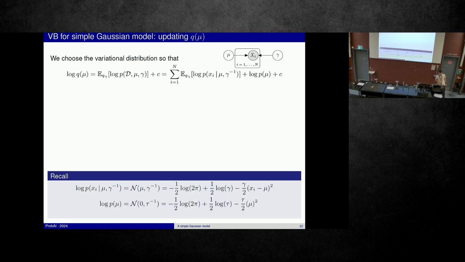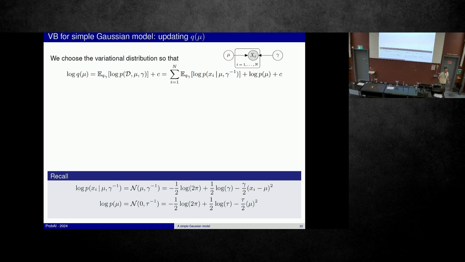If we look at the form these two distributions take, both of them are normally distributed. If we write out the likelihood term log p of x, it takes this form, and log p of mu, again normally distributed, takes this form.